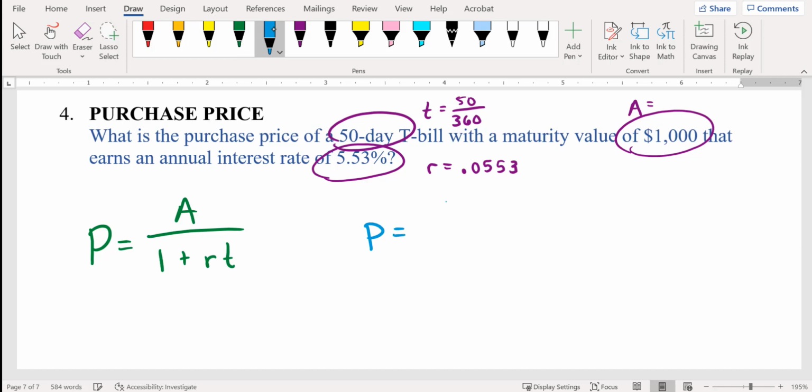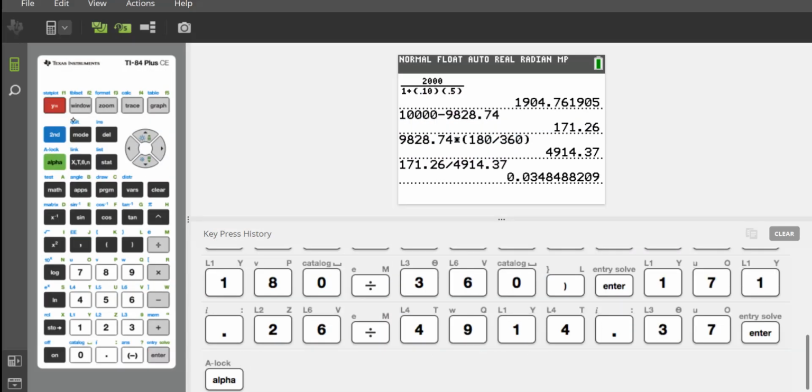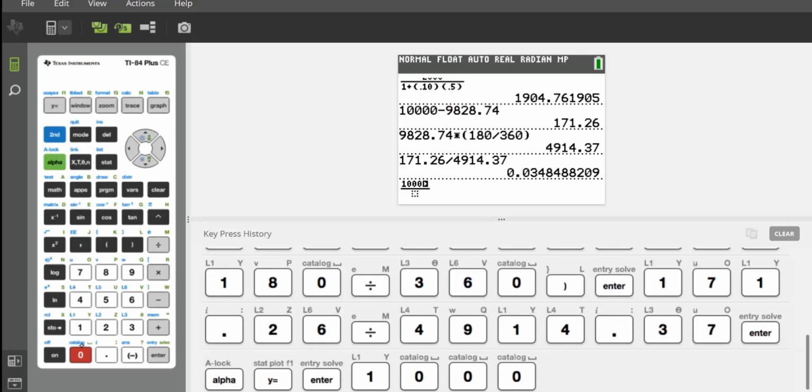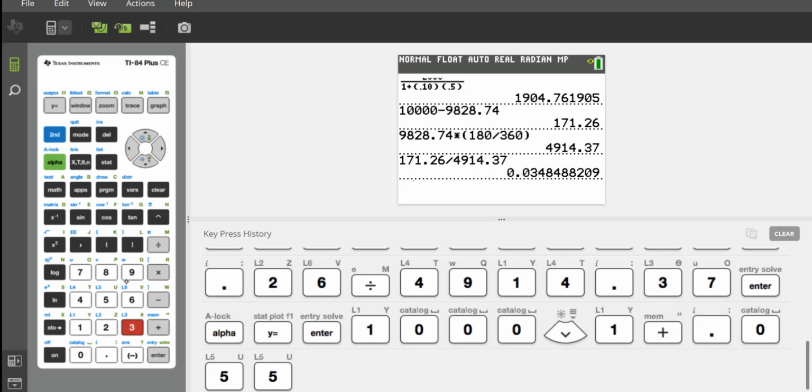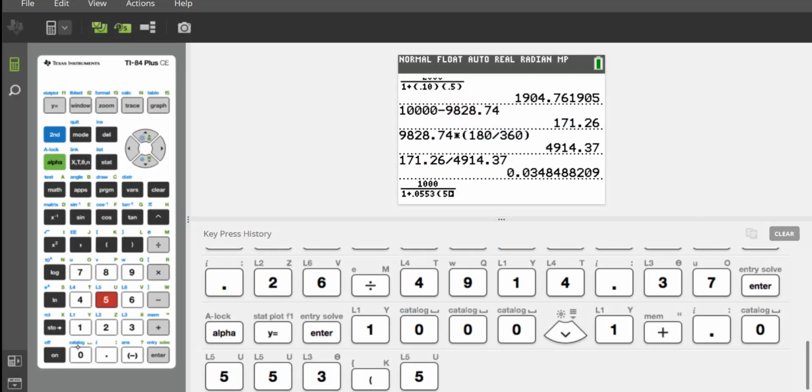P equals 1,000 over 1 plus 0.0553 times 50 over 360. So my purchase price will be 1,000 over 1 plus 0.0553 times 50 over 360.